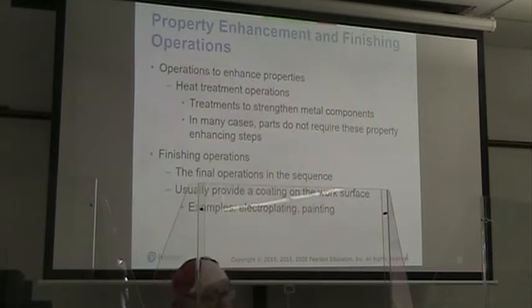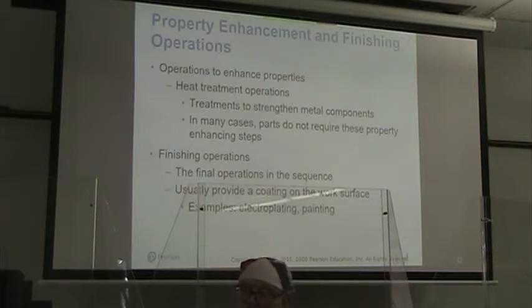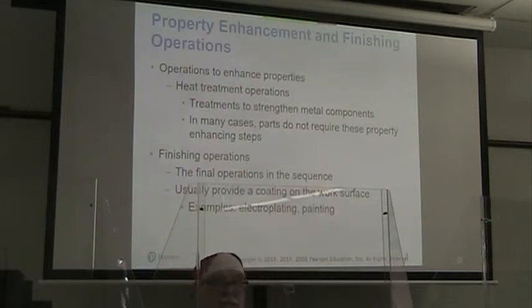It may be that those are not required at all. Then we have finishing operations, which should be the final operations in the sequence. They're talking about providing a coating on the surface, either with electroplating or painting. Powder coating is now a very popular operation.